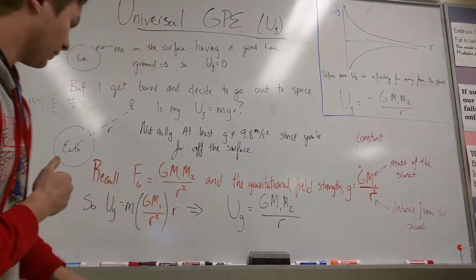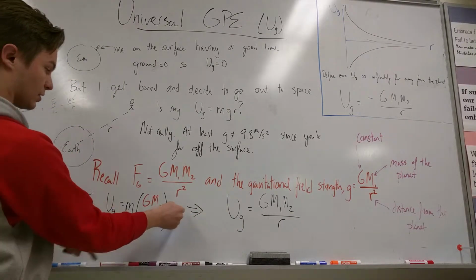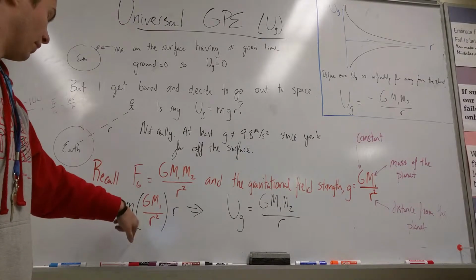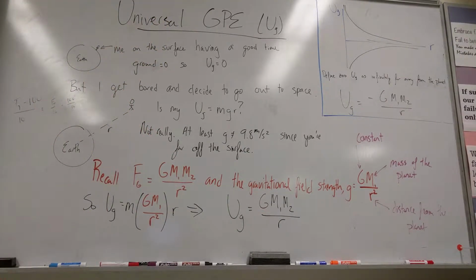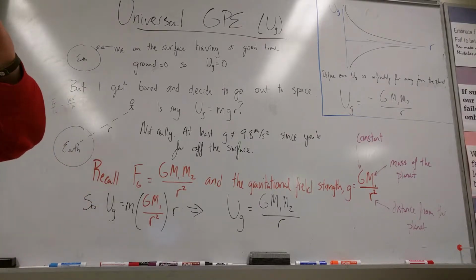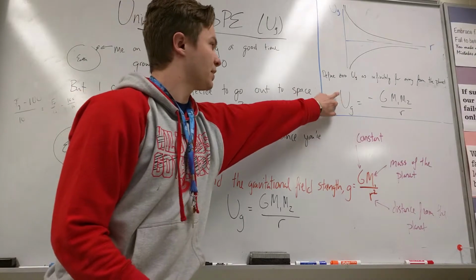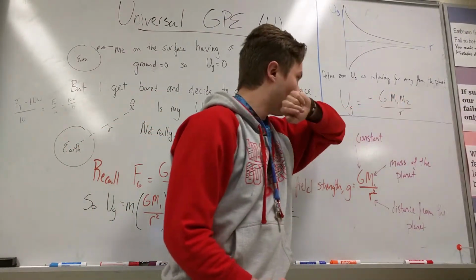It's divided by the radius squared, or radius, I'm sorry. Notice here that this radius will cancel out with an r squared on the bottom. I'm just left with one r on the bottom. So by convention, we talk about potential energy as a negative G m1 m2 over r.